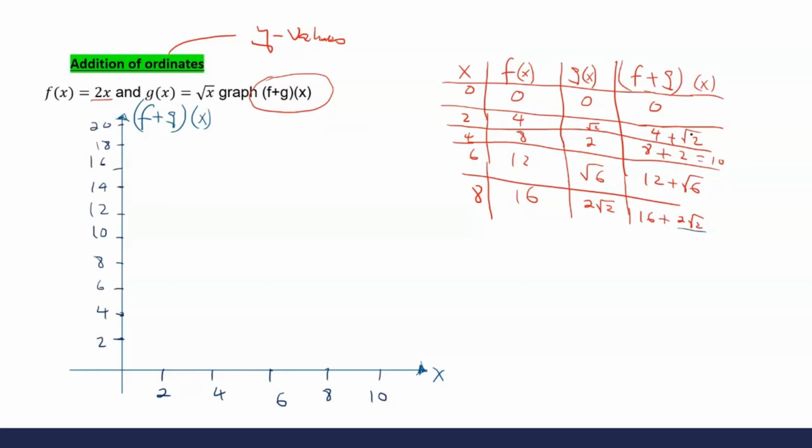That is 0. So we're just going to sketch the x values versus f plus g of x.